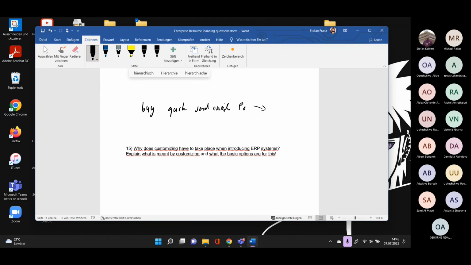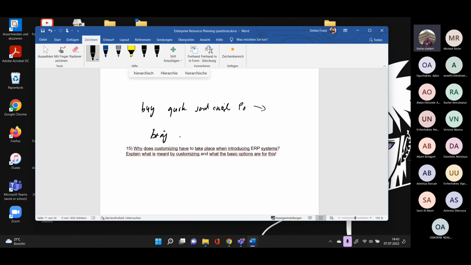So you have to check the processes and align them, or you have to customize your ERP system. It's not that you put in an ERP system and you can disregard each of your processes. So you have to bring processes and ERP together.